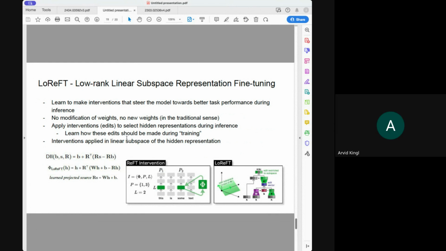I see. Because I was slightly confused, because RS minus RB would be R times S minus B, so the difference, right? So yeah, it rotates because they are orthogonal. You would expect R dagger R to be the identity, no?